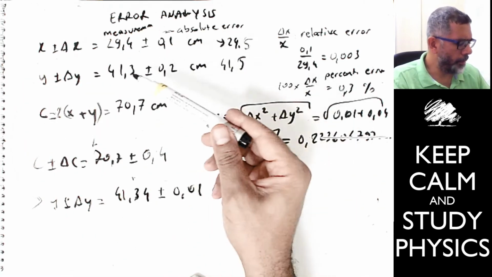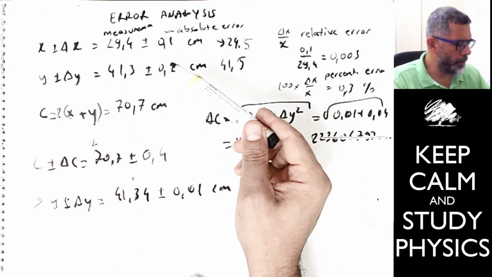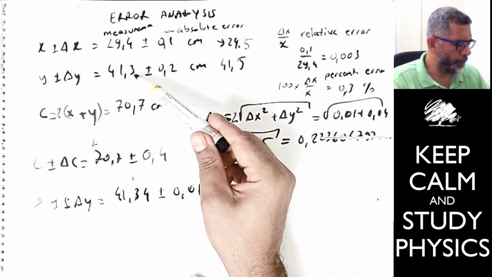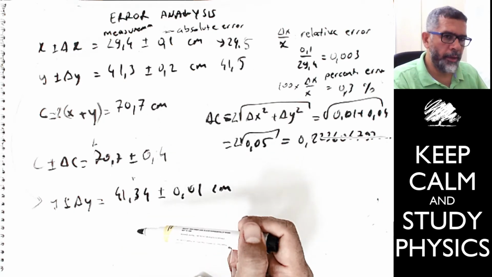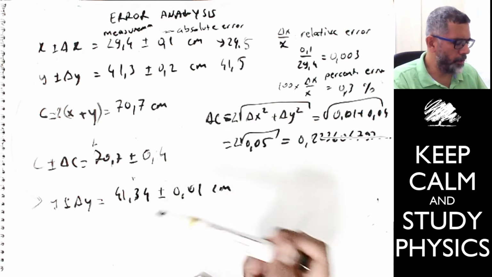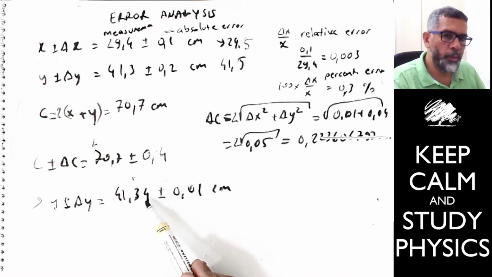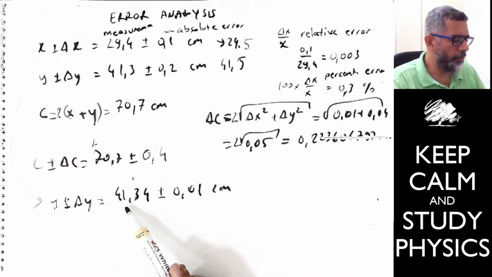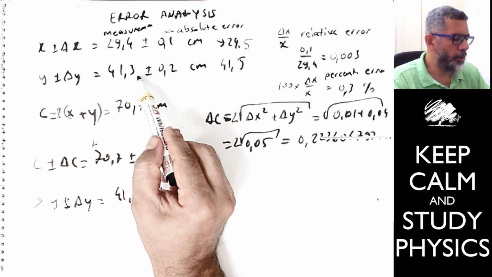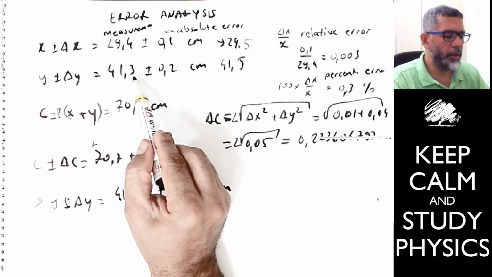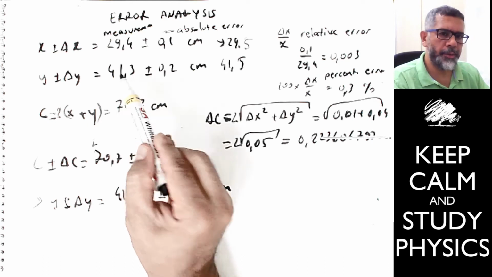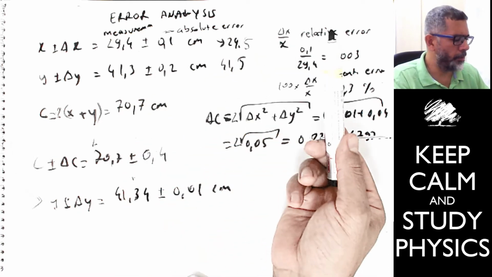Remember, we had measured this by using a regular millimetric ruler. It was 41.3, but now with this more sensitive device, you know the second digit after the decimal point. Over here, you're not sure about the second digit after the decimal. You are only certain about the first digit because you're using a millimetric ruler.